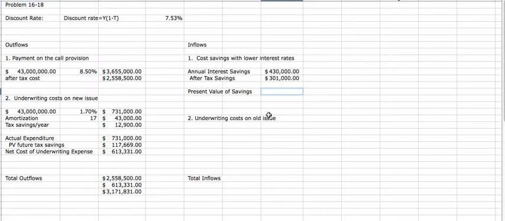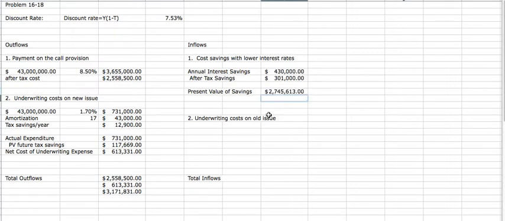And remember, we're calculating present value, so we skip that button. And then our payment is $301,000. We press the payment button, and future value is 0. Now we can compute the present value of the savings, and it ends up being $2,745,613. That's the present value of our savings, 17 years of those savings at 8%, our discount rate.